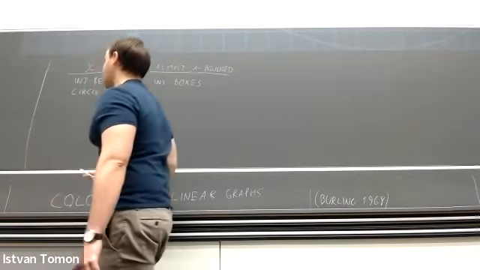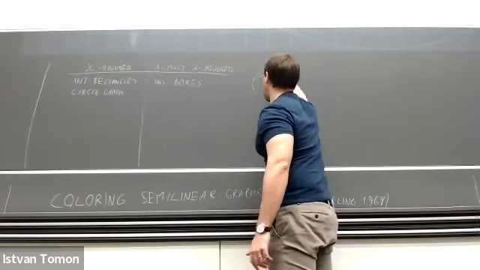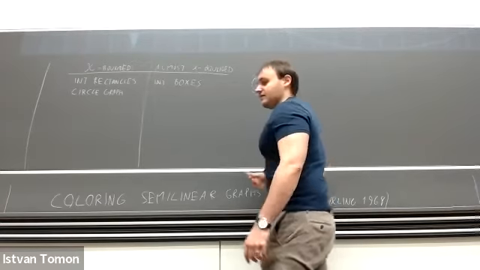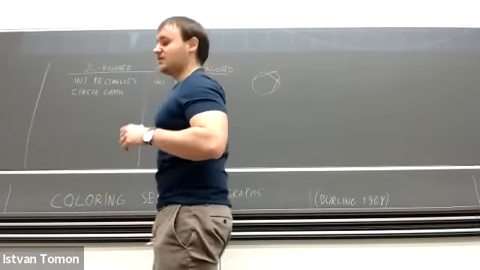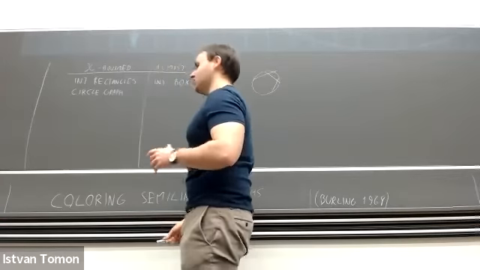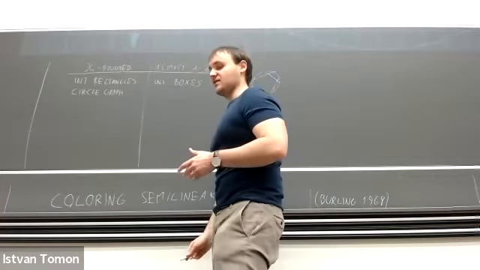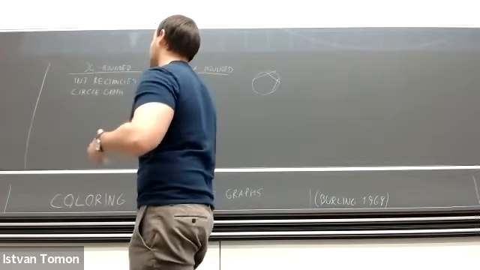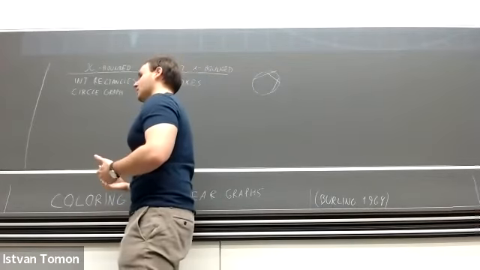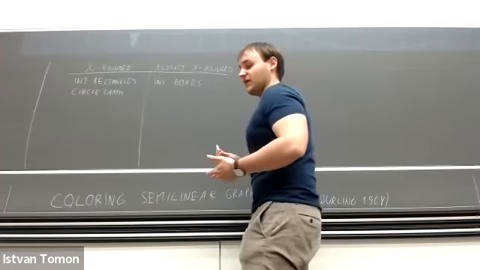So the circle graph is just the intersection graph of chords of a circle. And it was shown by Gyárfás that they are chi-bounded, but his chi-bounding function is exponential. And very recently there was a breakthrough by Davies and McCarty, where now they determined the dependence between the chromatic number and clique number up to a constant factor.